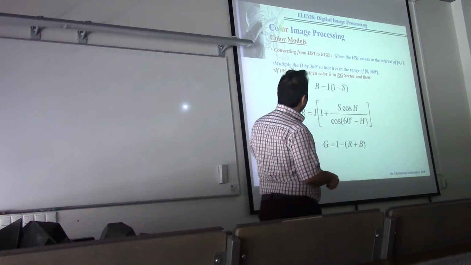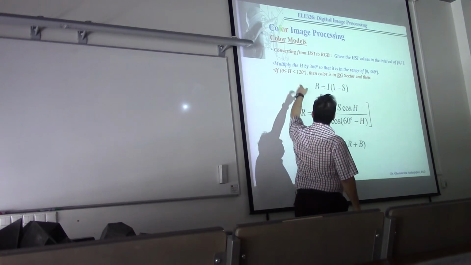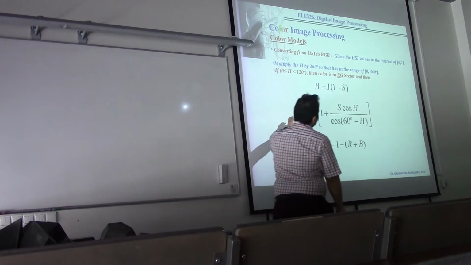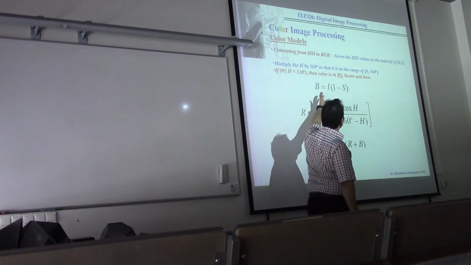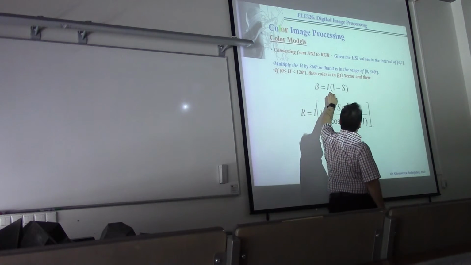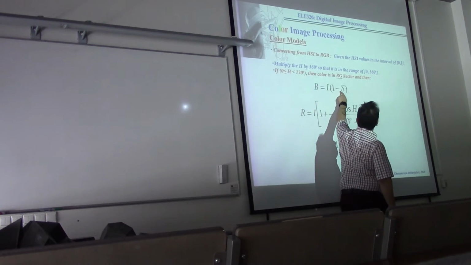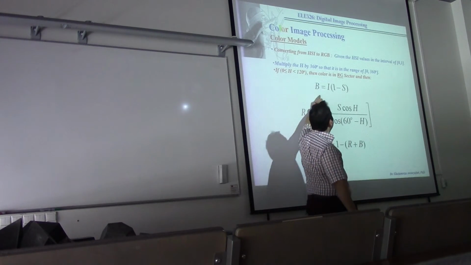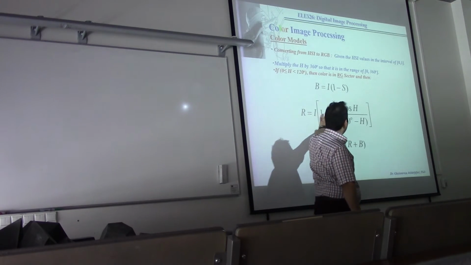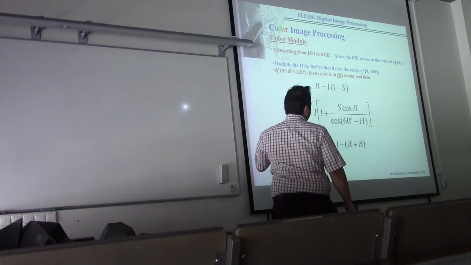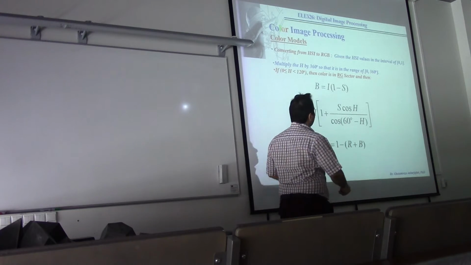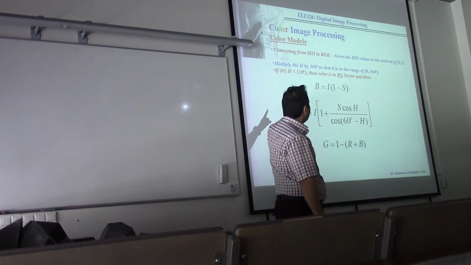But when the value of the hue is between 0 and 120 degrees, we can use this equation to find the value of the blue. It means that intensity multiplied by 1 minus saturation gives the value of the blue. To find the value of the R, we say that the intensity multiplied by 1 plus saturation cosine H over cosine of 60 degrees minus H, knowing that H is between 0 and 120.